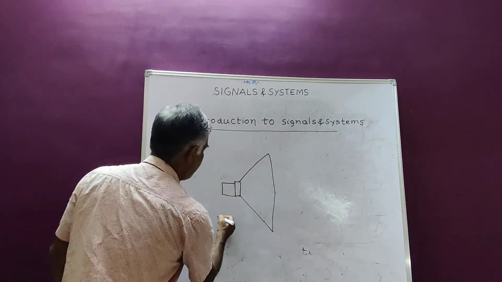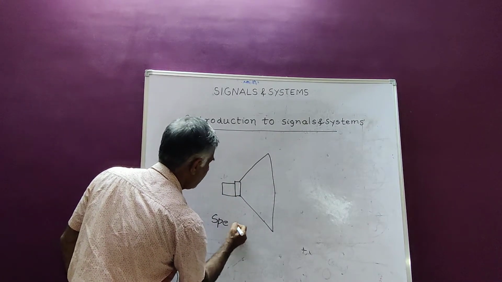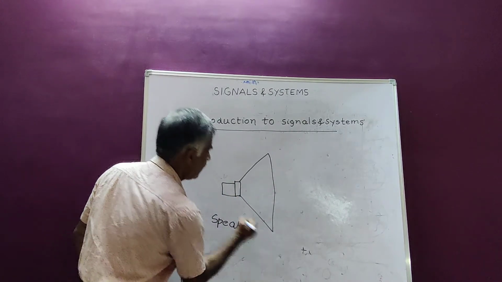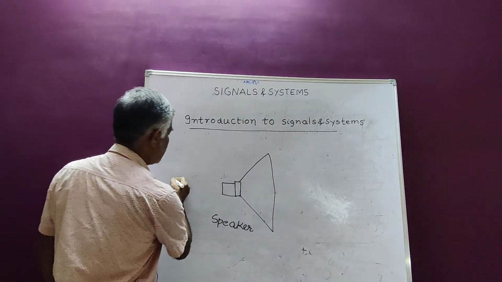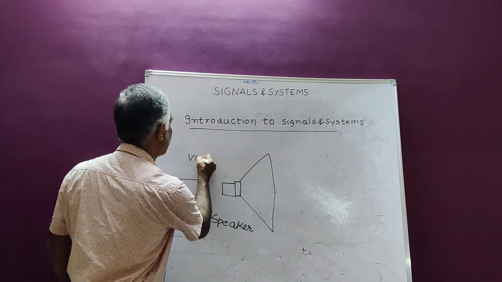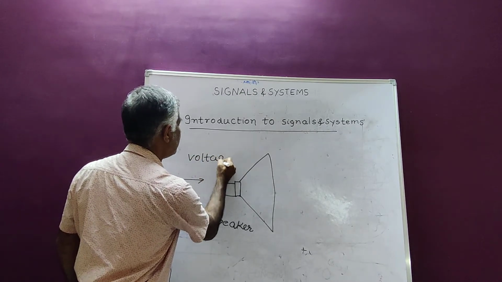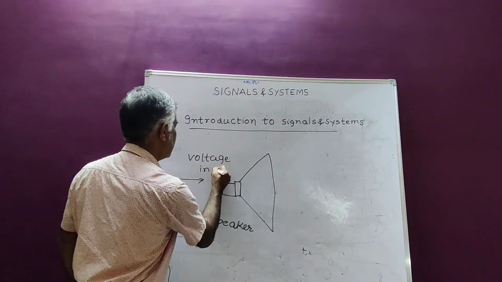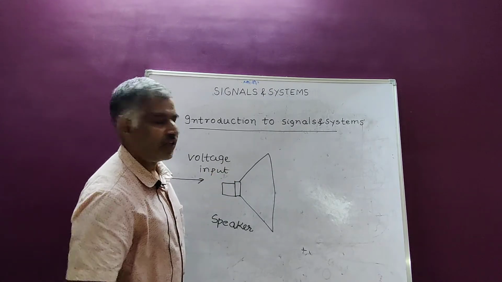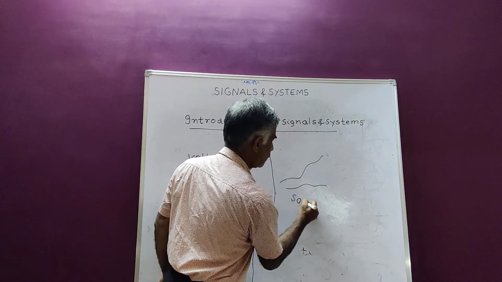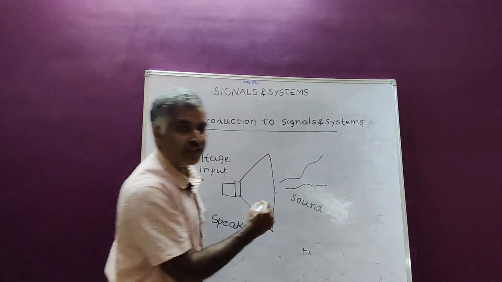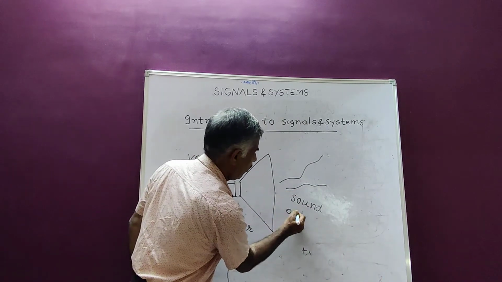So if this is the speaker, then what is the input? The input is an electrical input, that is, a voltage input. On taking the voltage input, the speaker produces sound, and the sound is considered the output.